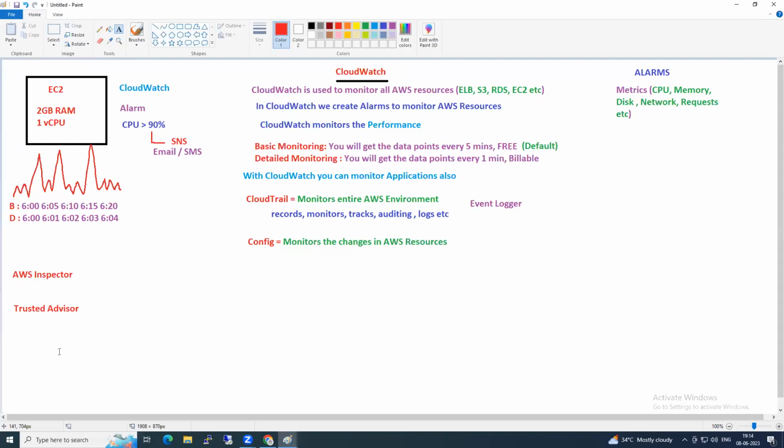And what is the protocol used to connect to Linux machines? Protocol. SSH.